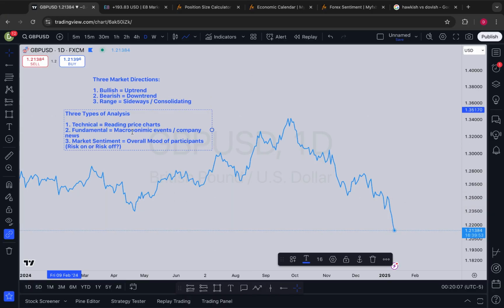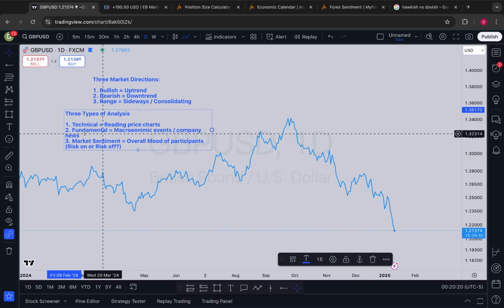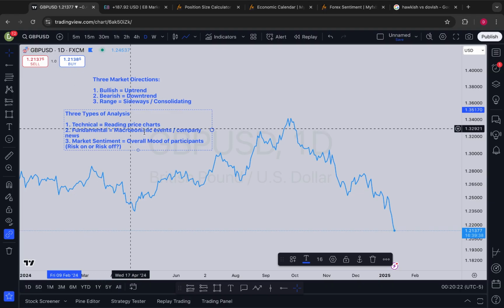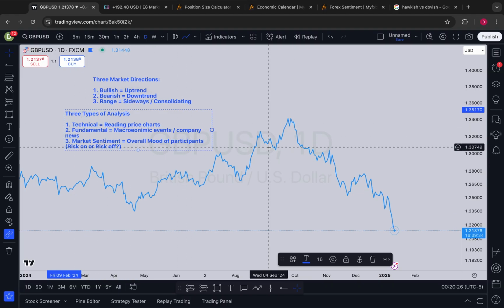The reason I put company news is because if this was like stocks, options, the fundamental analysis for that would be, let's say Apple, like Steve Jobs passing away would be a company news event that would definitely affect the price of Apple. It probably did, but I don't remember the time that happened. Maybe it was 2016.